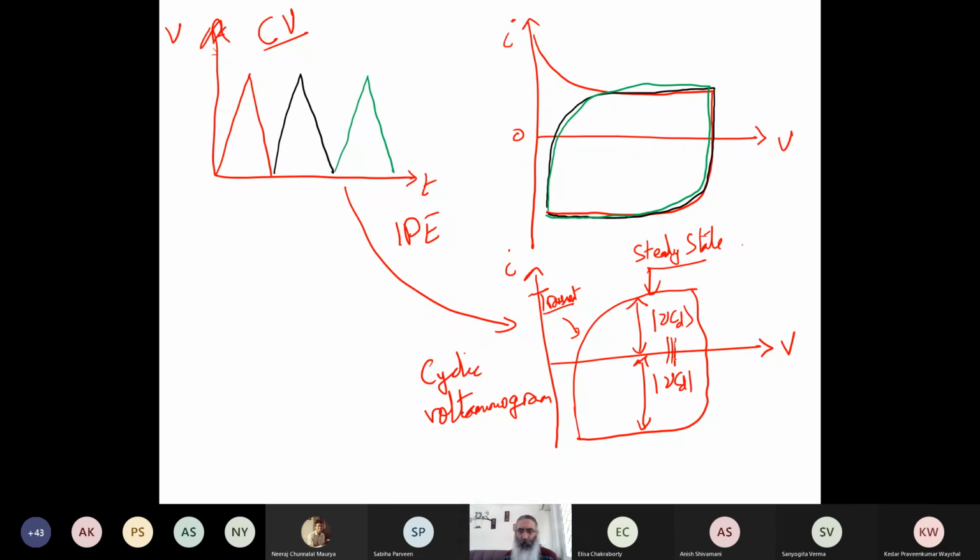Okay. Subbu, yes, this overlapping curve will be seen only for a completely ideal polarizable electrode, absolutely, yes. When you have an ideally non-polarized interface, we will look into it, but the basics of this is going to stay.